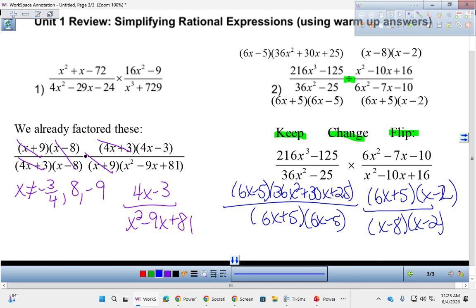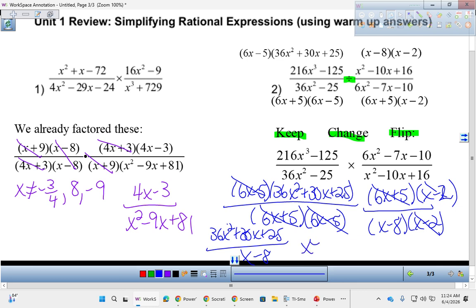So with keep, change, flip, that second fraction flips. And then from there I find the restrictions and cancel some things out. So I see that I've got a 6x minus 5 and a 6x minus 5, a 6x plus 5, a 6x plus 5, an x minus 2 and x minus 2. 36x squared plus 30x plus 25 all over x minus 8.